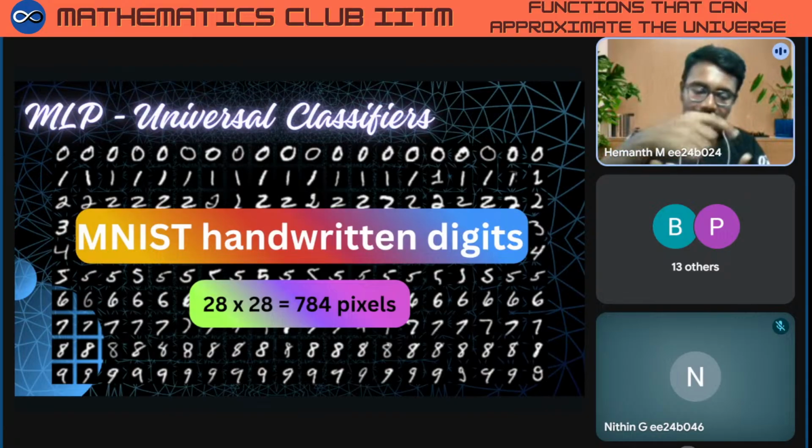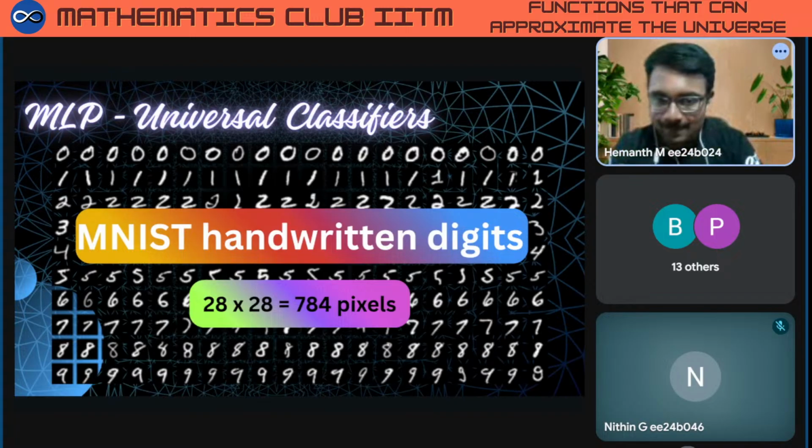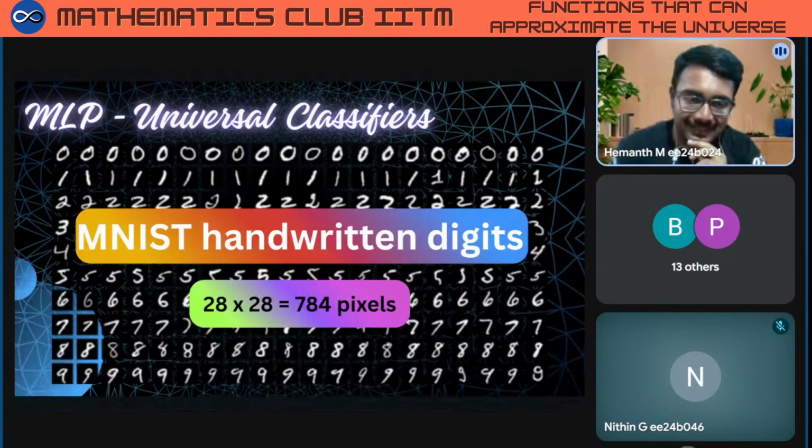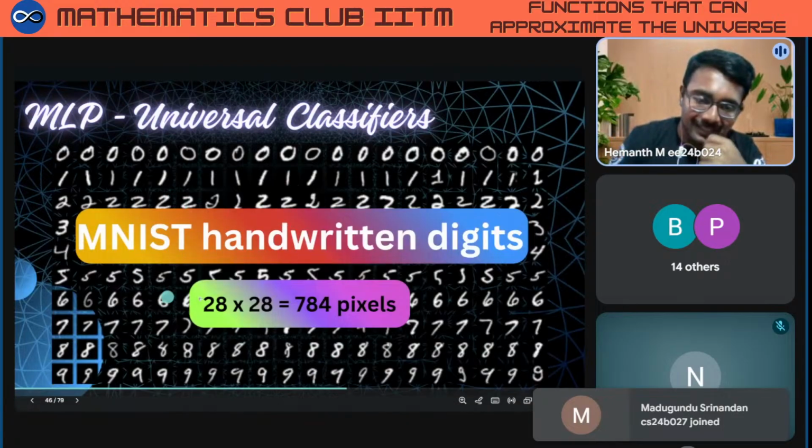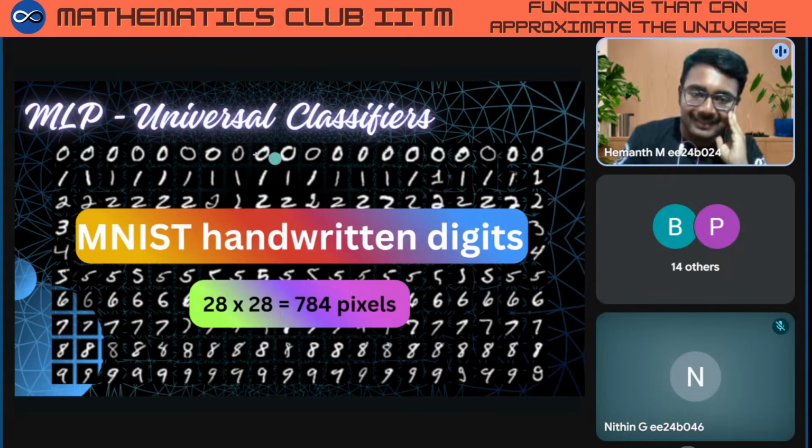If you can identify the region where all twos are, that solves the task. And we saw that MLPs can identify any region or any classification boundary. So we can use an MLP of sufficiently large size to learn this task, meaning a large enough MLP that can recognize handwritten digits.